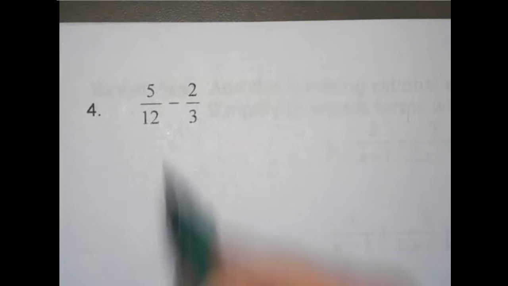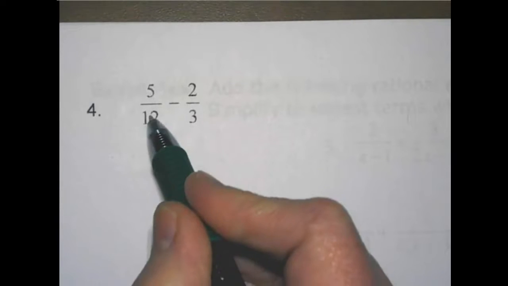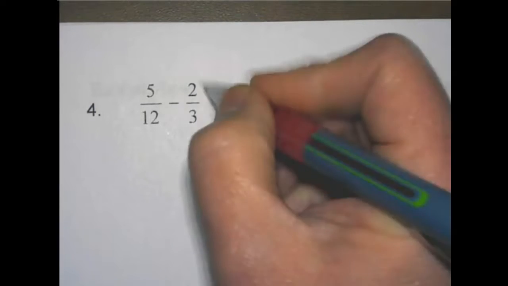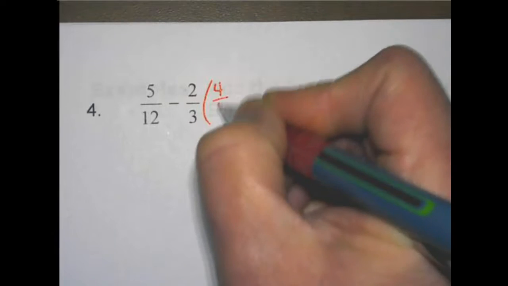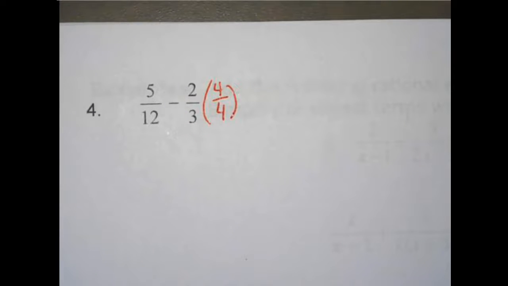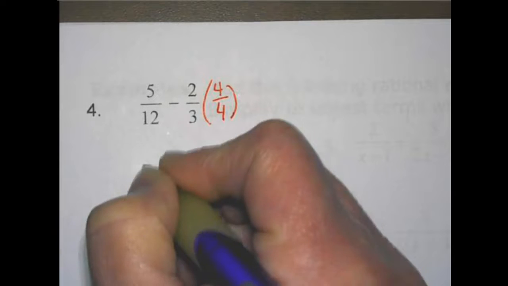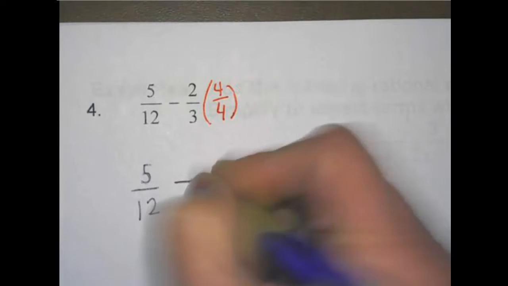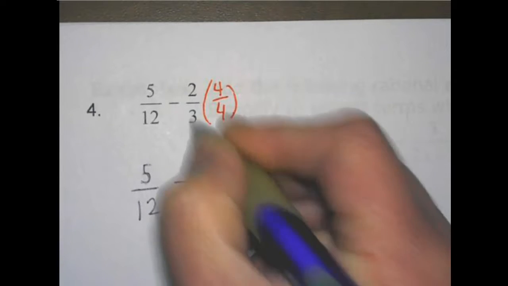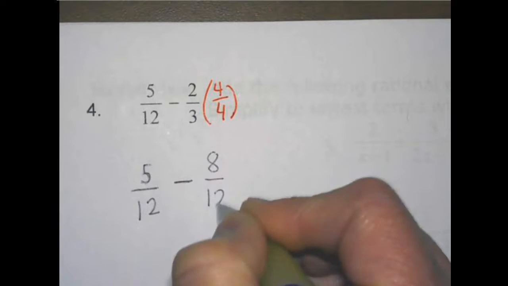If your denominator 3 goes into 12, that makes it a little bit easier. You don't have to find a common denominator for both of them, just for the second fraction here. And so if I multiply this by 4 over 4, the first fraction minus 4 times 2 is 8, 3 times 4 is 12.